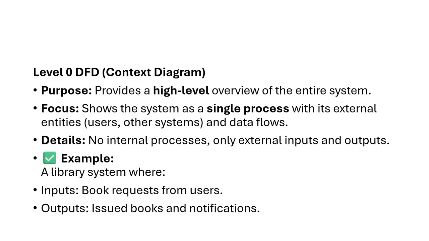No internal processes, only external inputs and outputs are mentioned in level 0 DFD. For example, in a library system the inputs will be book requests from users or students, and the outputs will be the issued books and notifications.